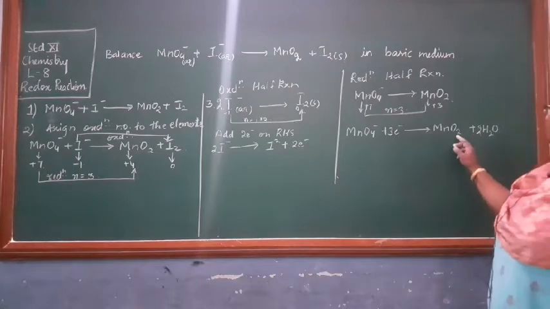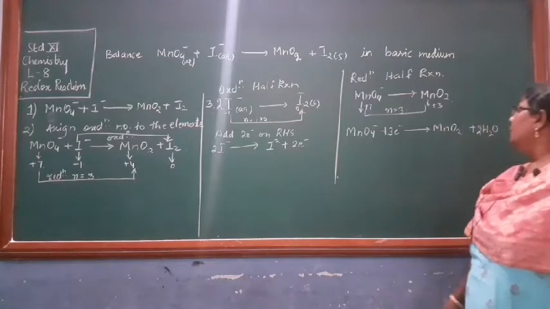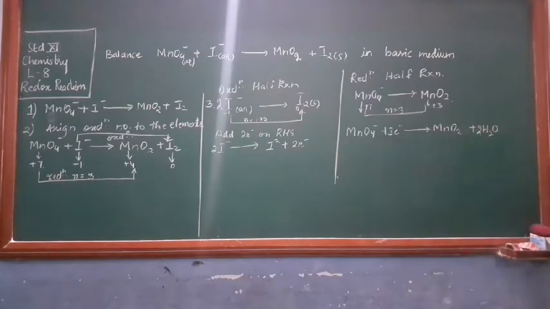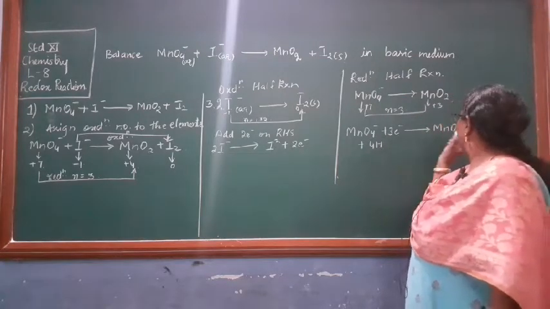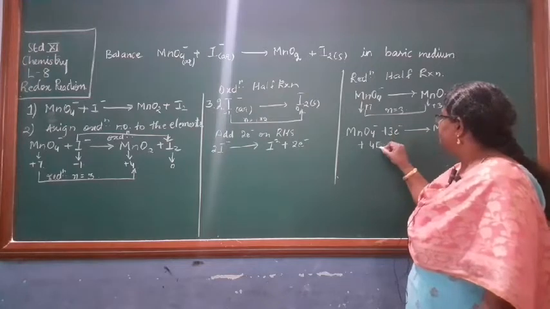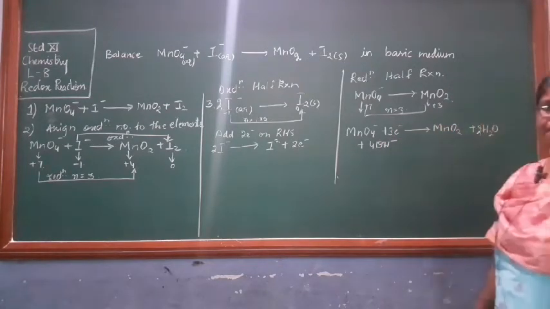So when I add 2 H2O, I get 4 oxygen here, 4 oxygen here. Okay? But then what about the hydrogen there? So if I want to have hydrogen, I should add here OH minus. So 4 hydrogens, so 4 OH minus I will put.